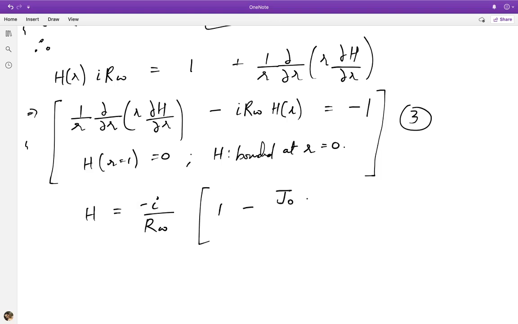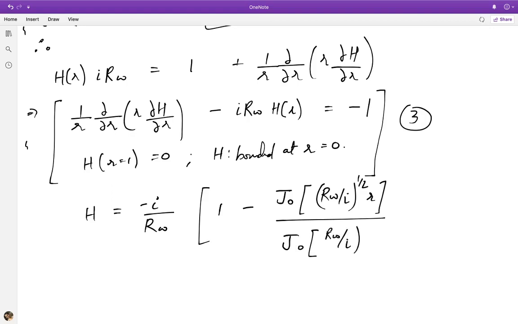So here J naught is the Bessel's function of the first kind of zeroth order, and the argument of this function is i to the power half times r omega, and as a normalizing factor which accounts for the boundary condition, the no slip boundary condition, I have the denominator coming in this form. Okay, there we have it.